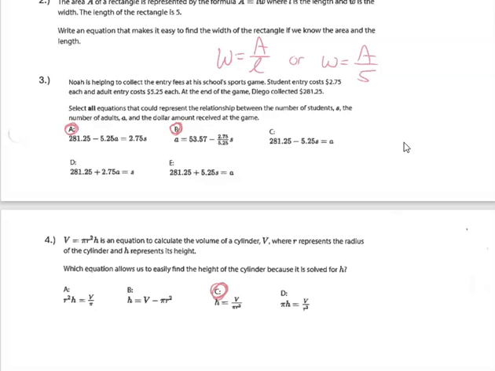And then I would have tried to figure out if there's a way to manipulate that equation to end up with what we have here in A, B, C, D, or E. And it turns out that both A and B can get that original equation, 2.75s plus 5.25a equals 281.25, and you can manipulate it to get it into A equals format or some other format.